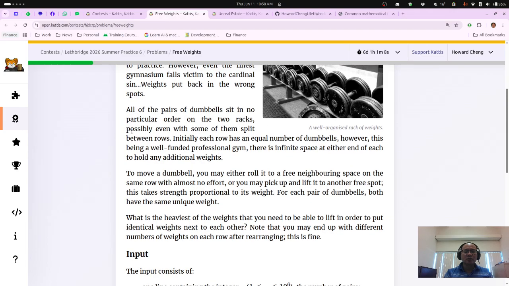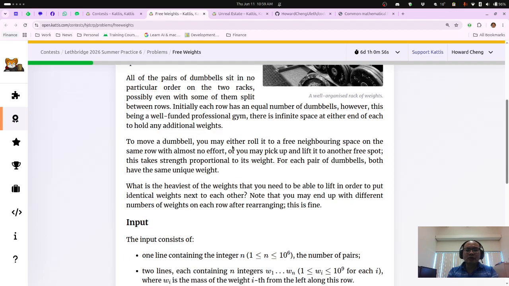You want to make sure that all the dumbbells of the same weight are somehow next to each other completely. To move a dumbbell, you may either row it to a free neighboring space on the same row with almost no effort, or you may pick it up and lift it to another free spot. There are two rows, so two racks, so you can lift it and move it somewhere else to either rack.